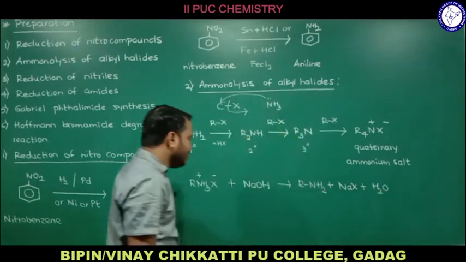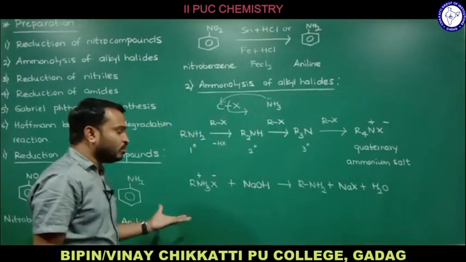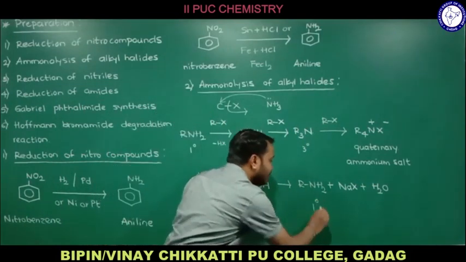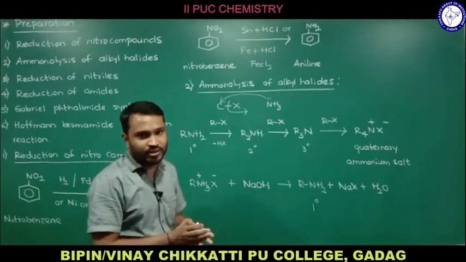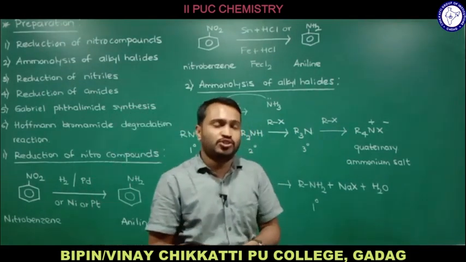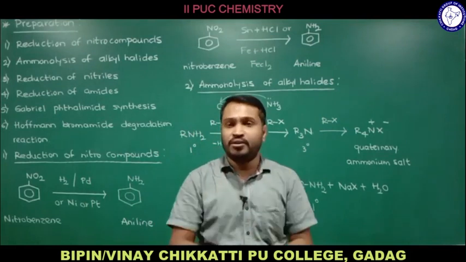So this is the quaternary ammonium salt. When you react it with the strong base, we get the free primary amine. So this is how the ammonolysis reaction helps us to prepare the respective amines.